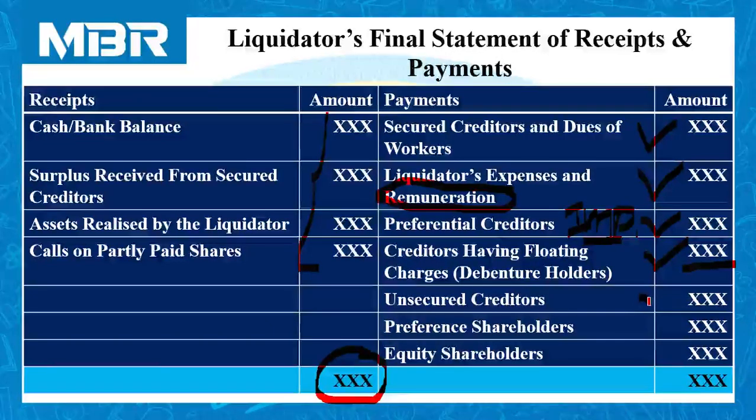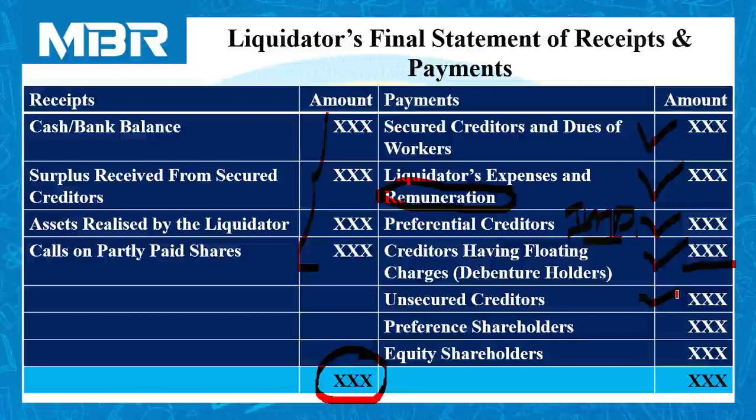At fifth stage, we will disburse unsecured creditors. Those creditors who do not have any kind of securities as mortgage. They are not considered under the definition of preferential creditors.